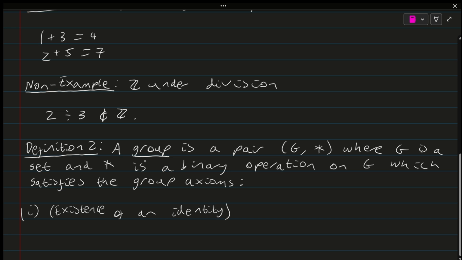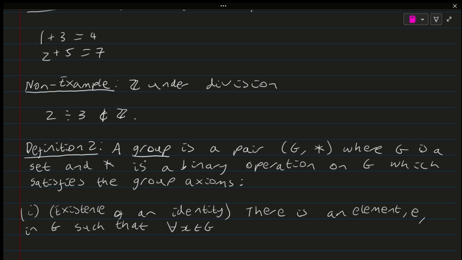So there is an element E in G such that for all x in G, and this upside down A means for all, so any possible element in G, is such that x star E equals E star x equals x.